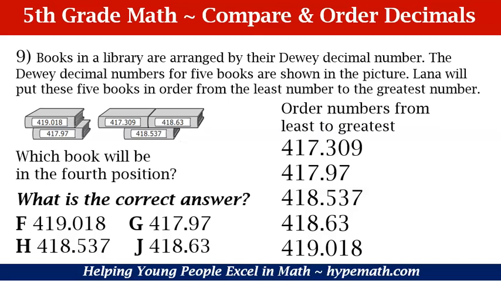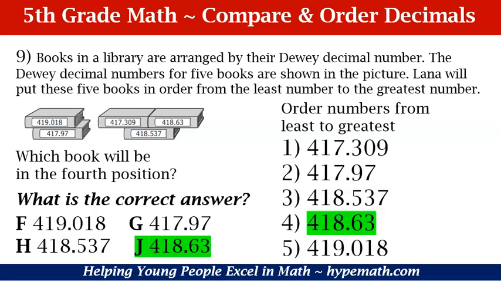Once you count down and find the 4th number, what is the correct answer? If you said J, you are absolutely correct. 418.63 is the 4th number in our list when we order the numbers from least to greatest. And by the way, if you're wondering what a Dewey Decimal number is, ask your teacher.